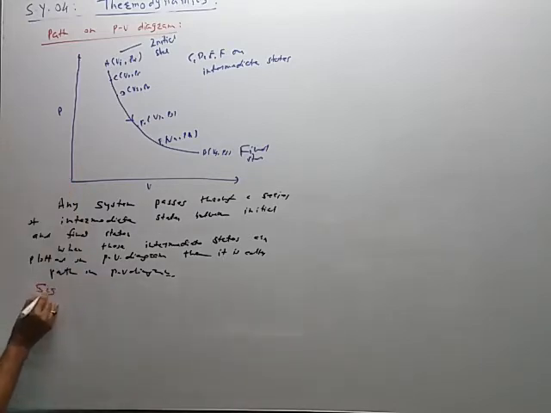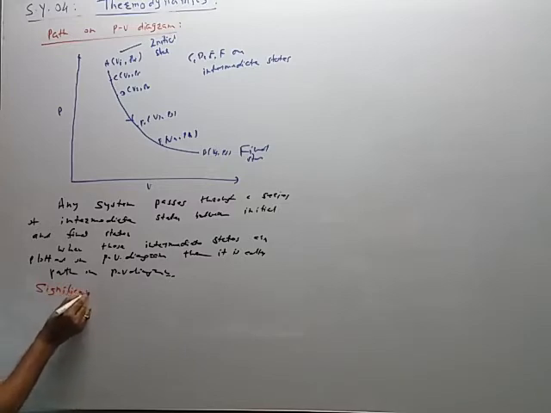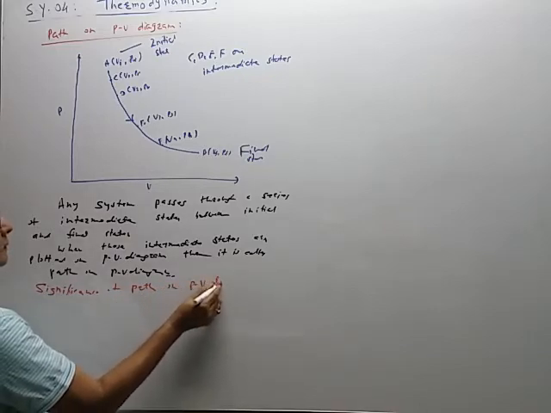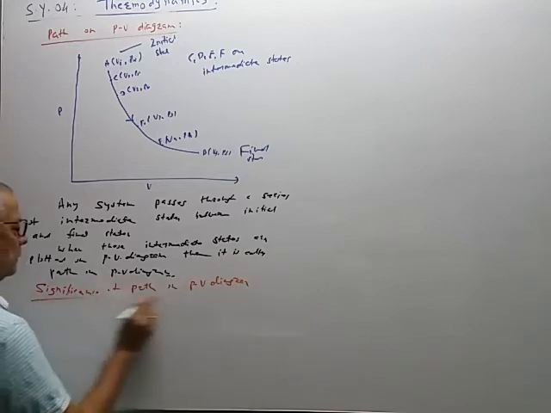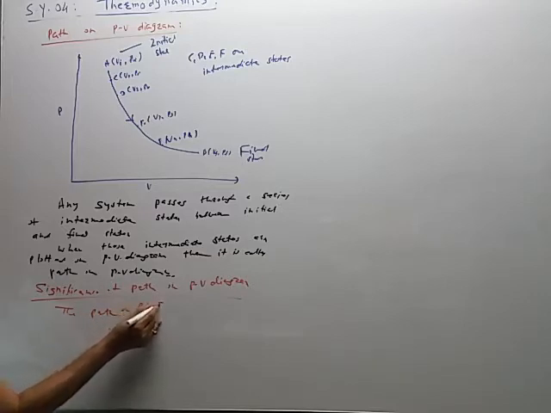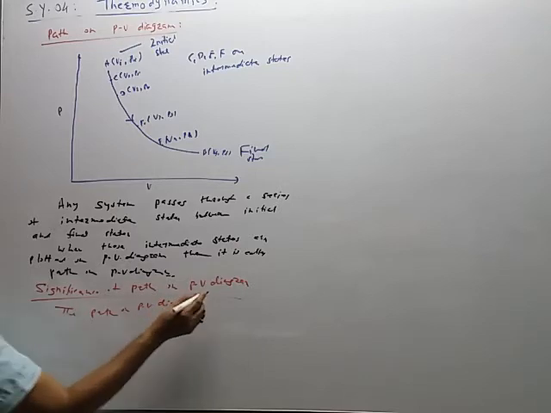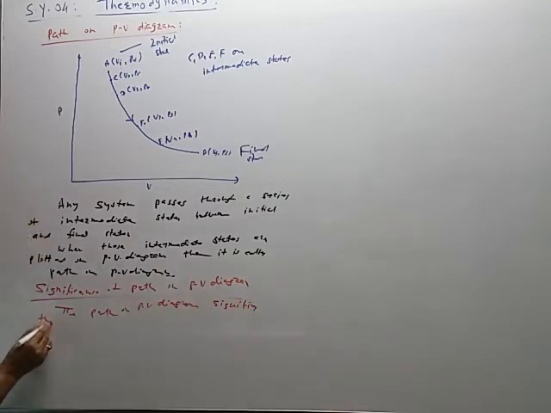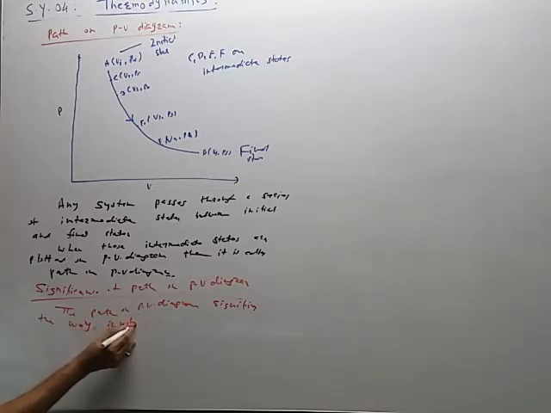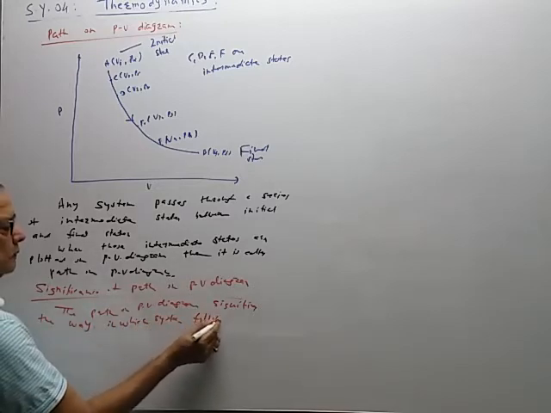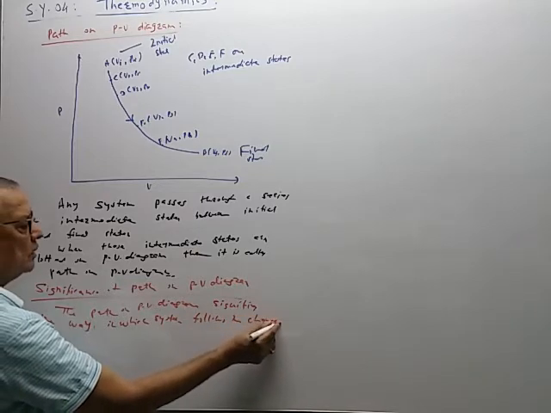Significance of path on PV diagram: the path on the PV diagram signifies the way in which the system follows the changes in its states.